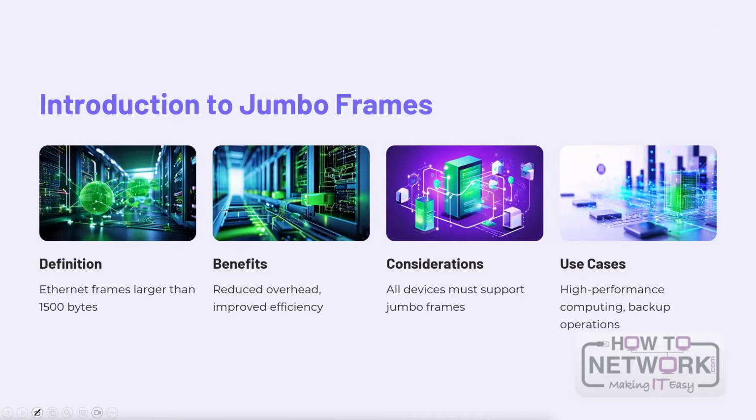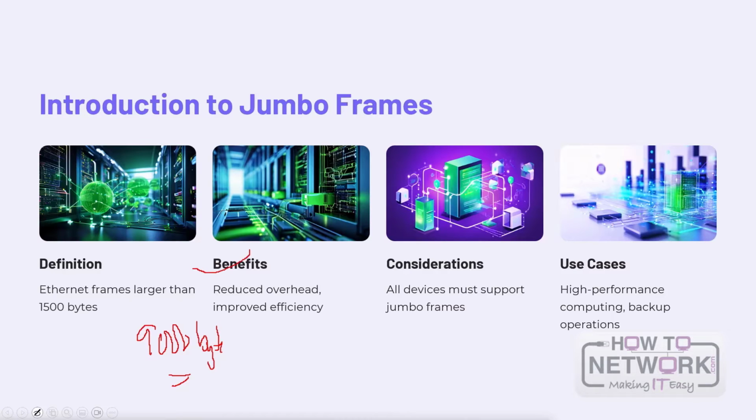Jumbo frames are Ethernet frames with MTUs larger than the standard 1500, typically up to 9,000 bytes. Typically this is used in data centers from my experience. All of the interfaces there, you have a spine and leaf architecture, just ensure that it's set to allow jumbo frames.